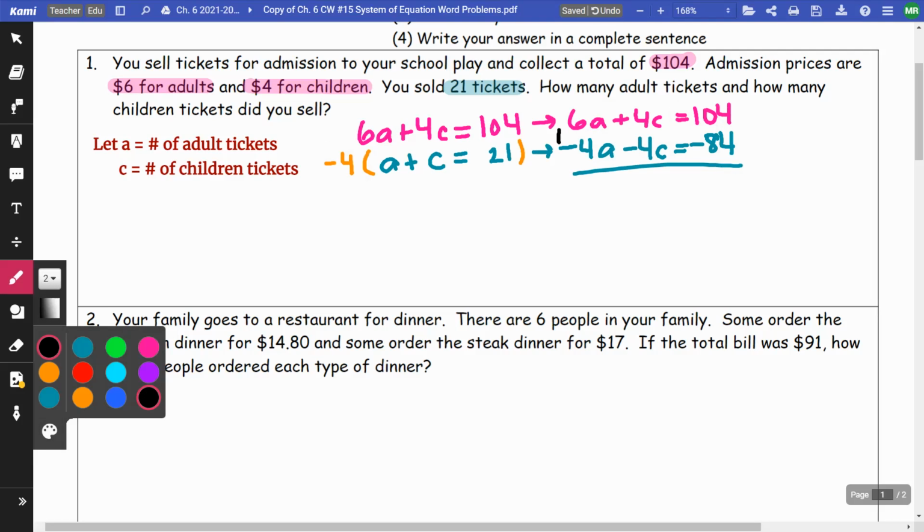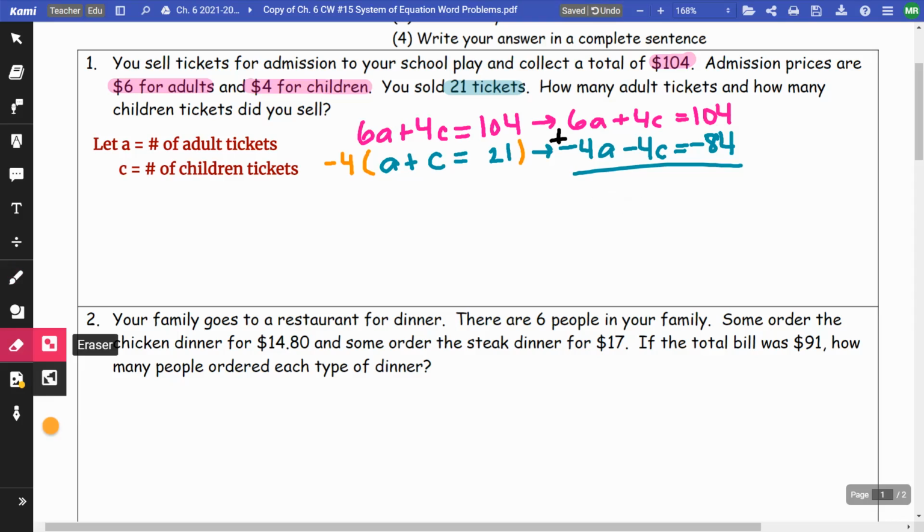Then I'm going to add these two equations together. I'm going to get 2A is equal to 20.